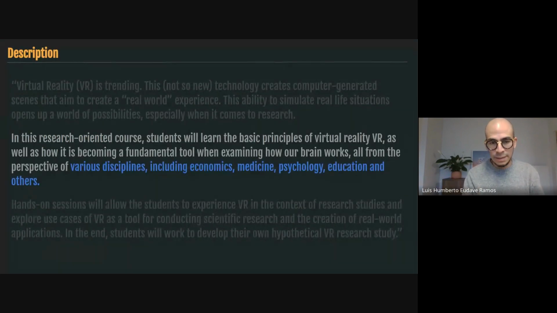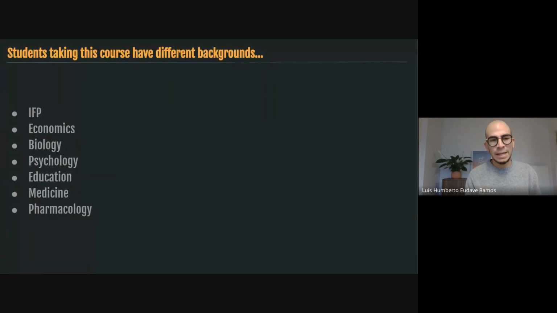So all of this has to be coming from various disciplines, including the ones we have here: economics, medicine, psychology, and education. And this is because I have students from many areas taking this course.